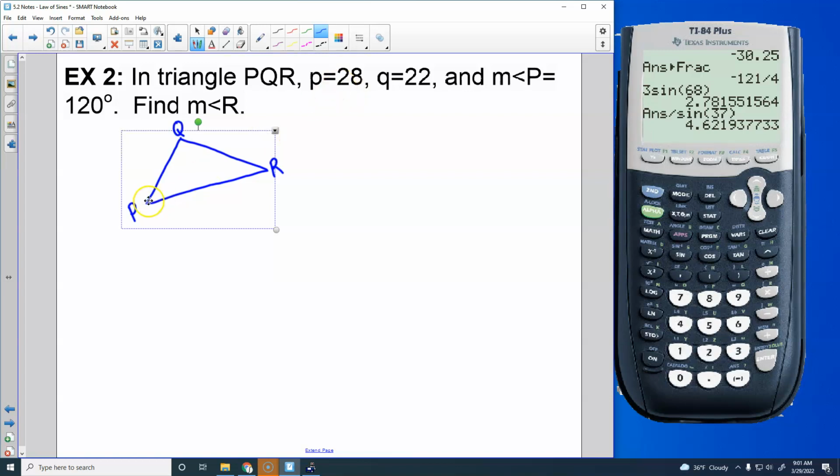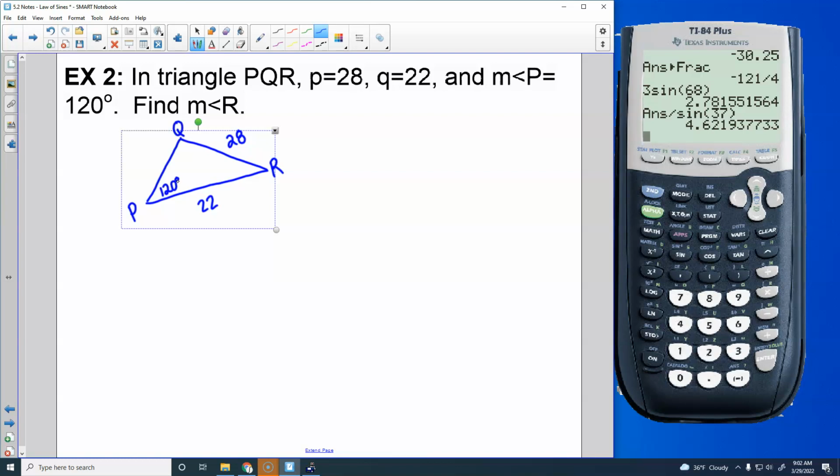So lowercase p would be across from angle P. It would be 28 right here. Q, we'd have 22. You can see here's a great example of why that's not to scale. 22 looks longer than 28. But it really doesn't matter. We're just helping us set it up. And then angle P is 120 degrees. That definitely does not look like 120 degrees. If you want, you can go back and try to draw it more to scale. But we mostly just need to set this up.